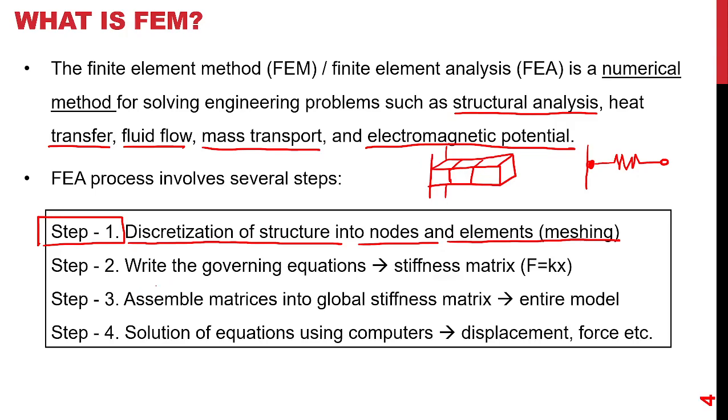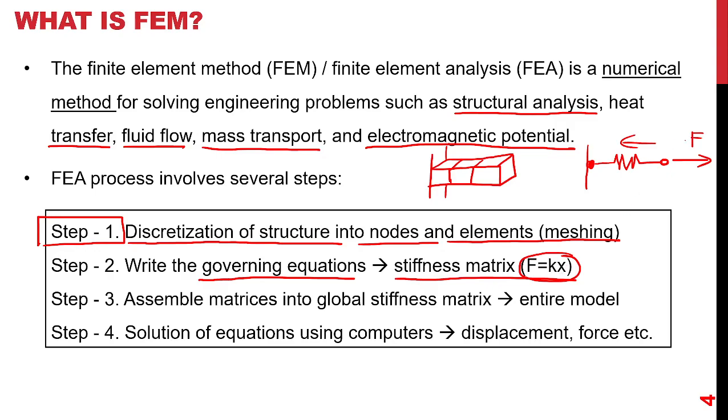Fine, and then we need to write the governing equations. What are the equations between the nodes? For example, if I have a force here, force over here, I need to have what is the opposing force over here? We need to have a proper governing equation. Normally we will use a stiffness matrix using Hooke's law formula, F is equal to kx.